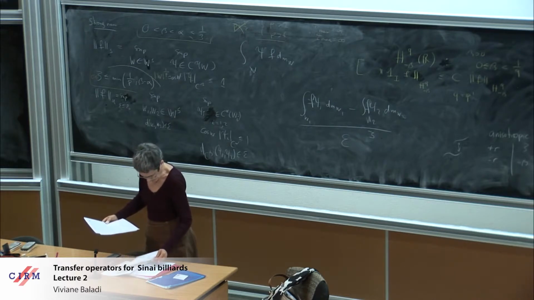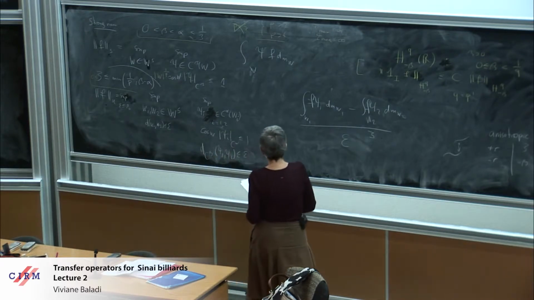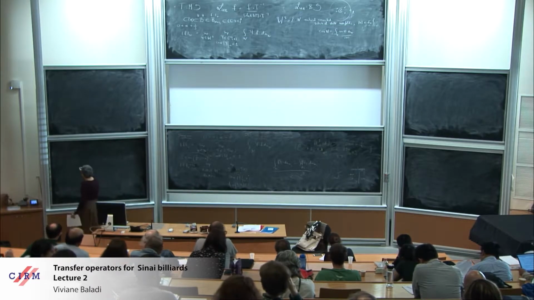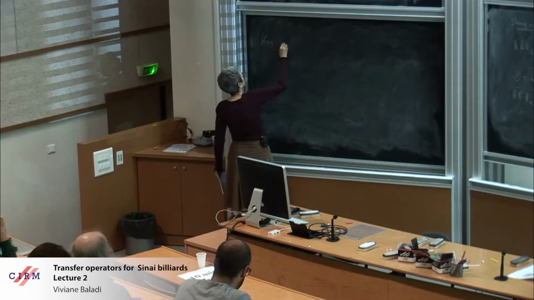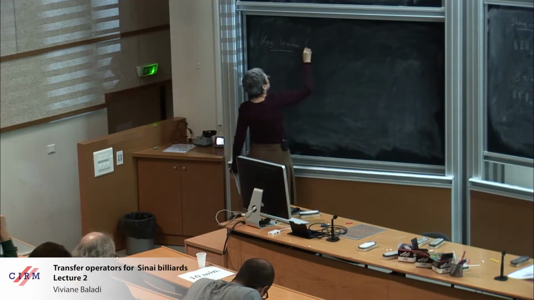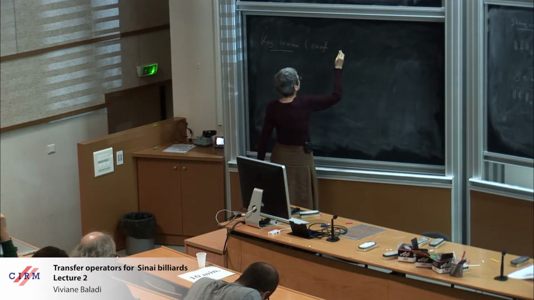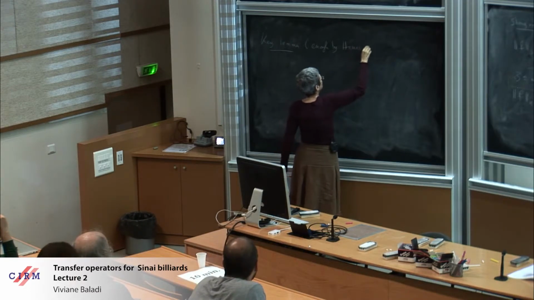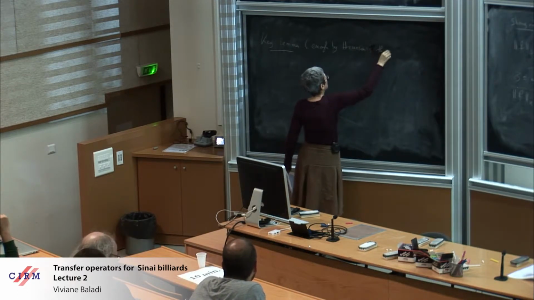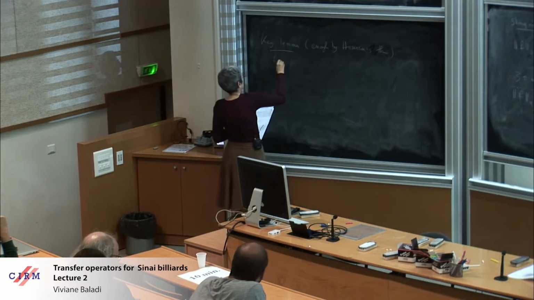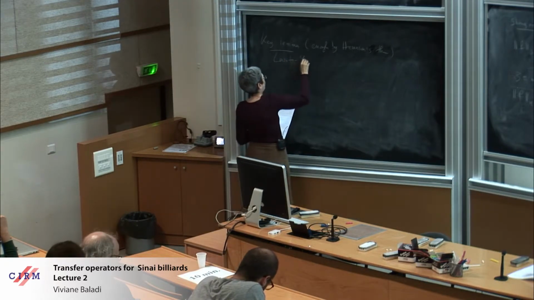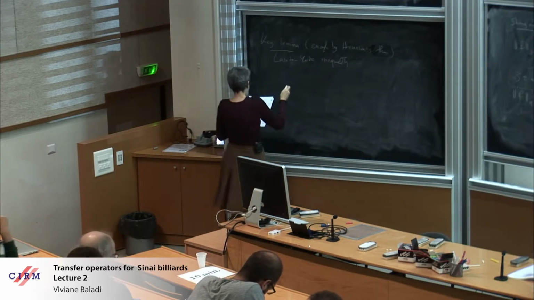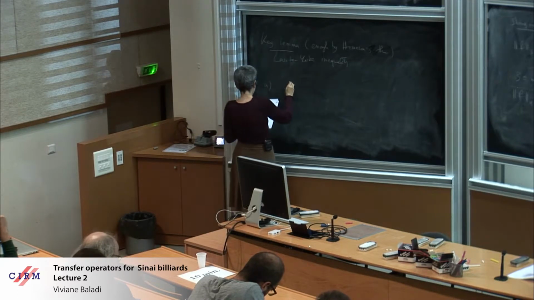Okay, so that's the norm. And now we have this weak norm and this strong norm. And the key lemma to get this spectral gap, and that's enough by standard results. What people usually apply in this setting is what people call the Lasota-Yorke inequality. And what is the Lasota-Yorke inequality here?